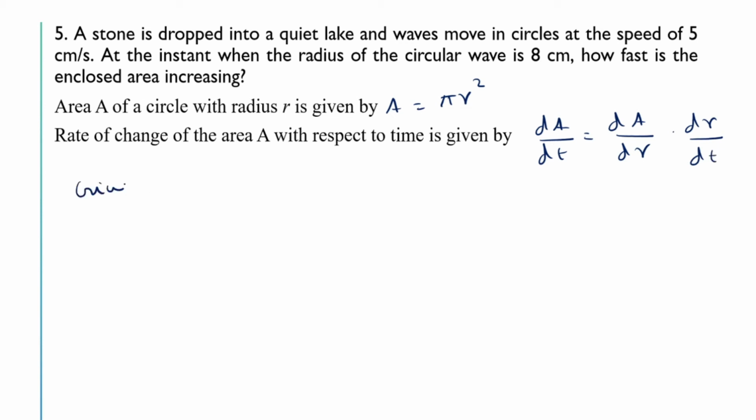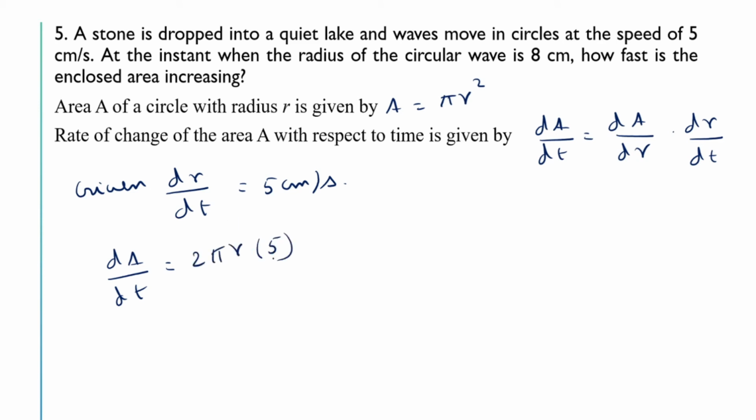It is given dr/dt is 5 centimeter per second. When we differentiate A with respect to r, we get 2πr. So dA/dt will be 2πr into dr/dt, and dr/dt we have 5. So this is equal to 2πr into 5, or it is 10πr centimeter square per second.